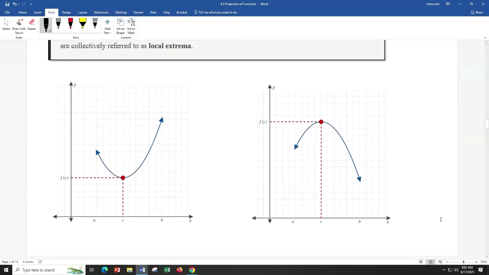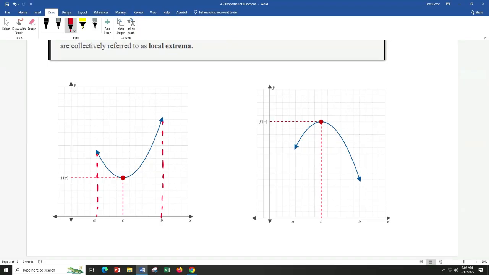Look. There's an open interval from here to here. Okay, so here's my A. Here's my B all the way over here. I've just picked two arbitrary points, A and B. Okay? Somewhere inside there is a C. And that C is the lowest point.